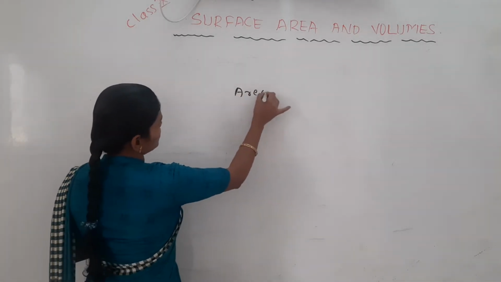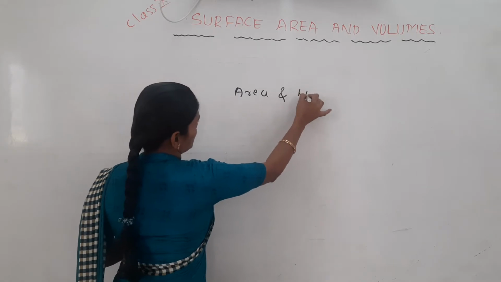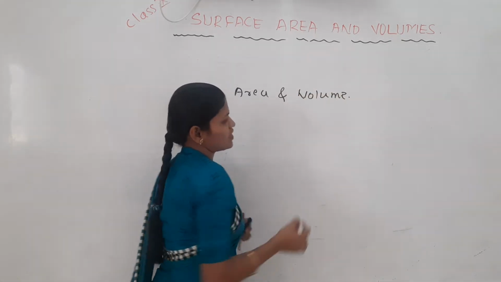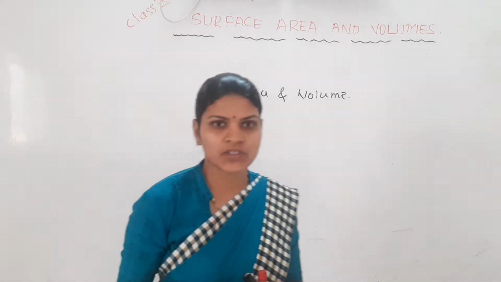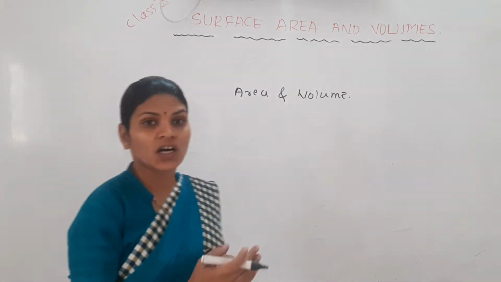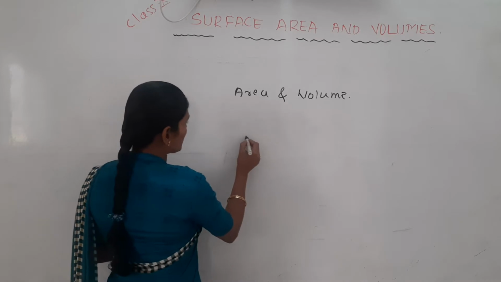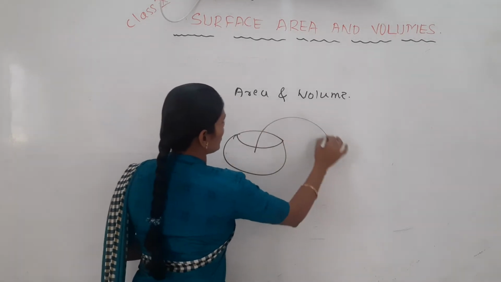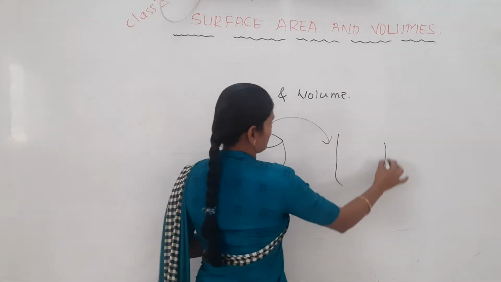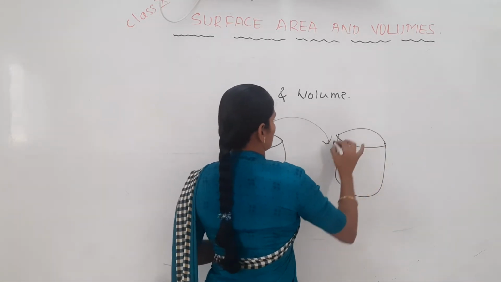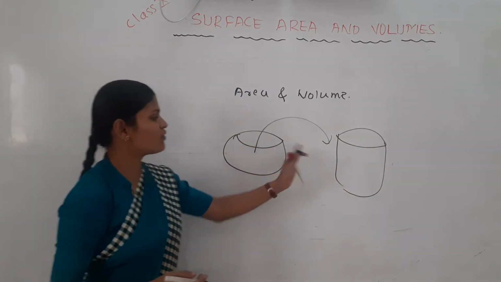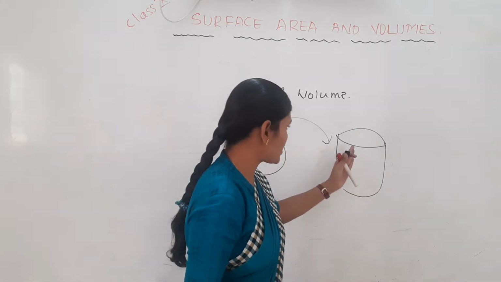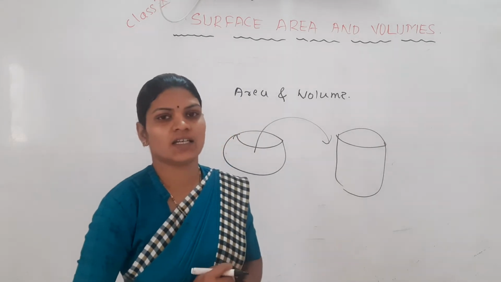And next, we have to discuss how to convert the volume if you take it in one solid shape and transfer it to another container, another solid shape, and how we have to express that volume. We will take that in the next portion.